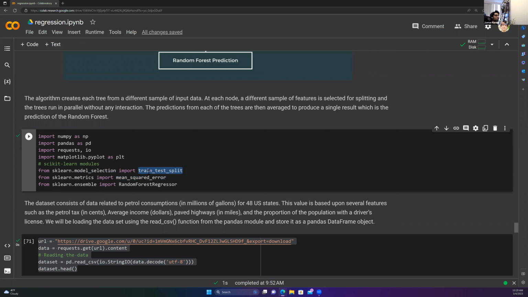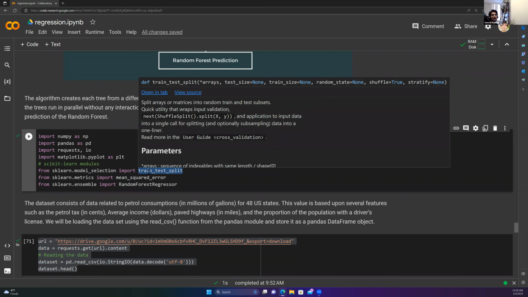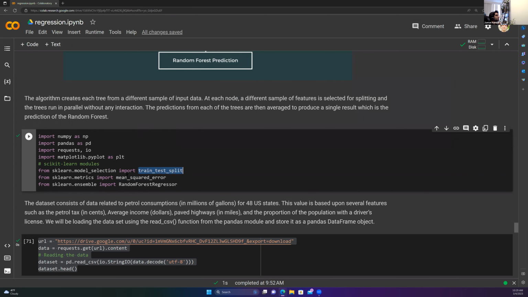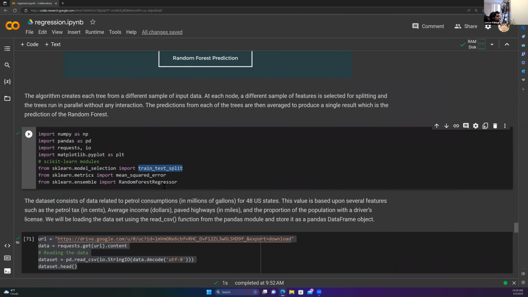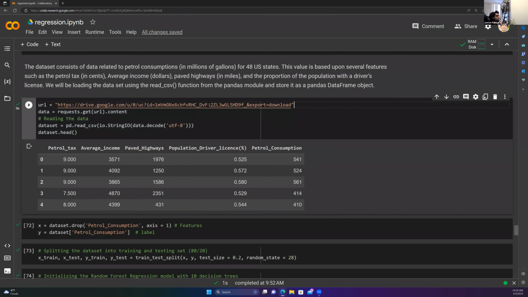And of course, when you want to train, you have to split your data set. The common way to do that is 80-20 or 70-30. You get familiar with all these splits as you get exposed to different use cases. By the way, you don't need to have this data set on your drive.